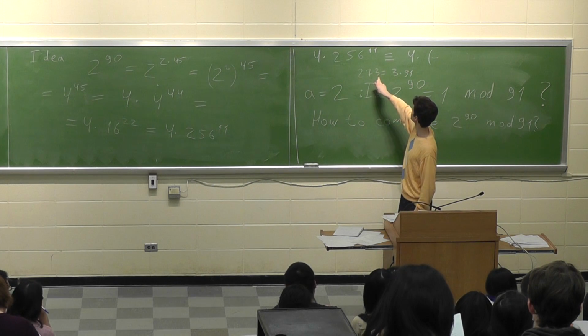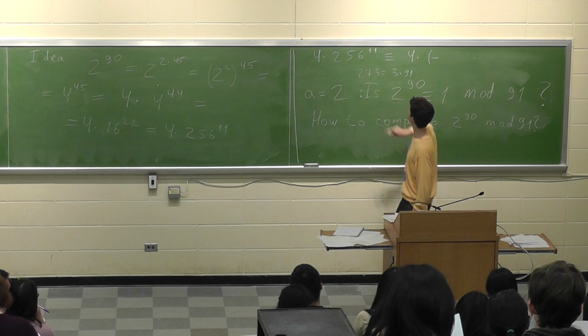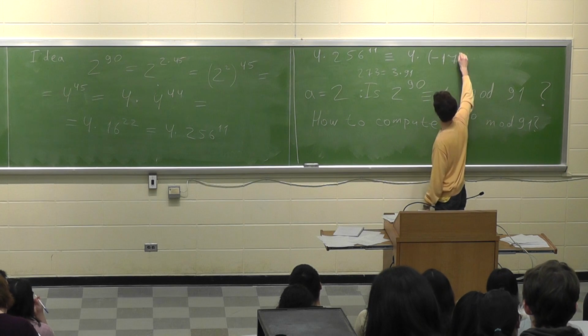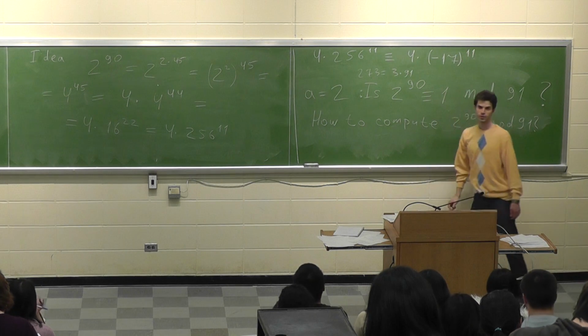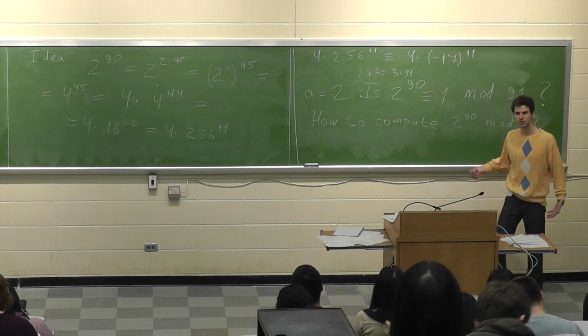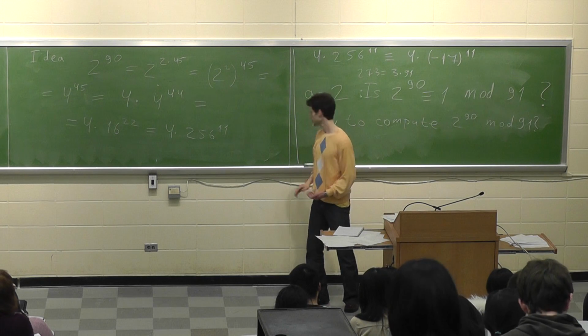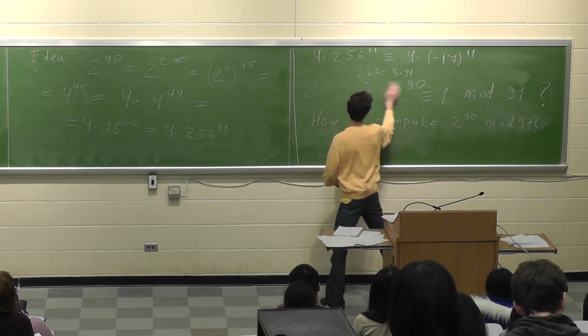So I'll have to add negative 17. Well, now it's much simpler to deal with 17 instead of 256. Much fewer operations to do.